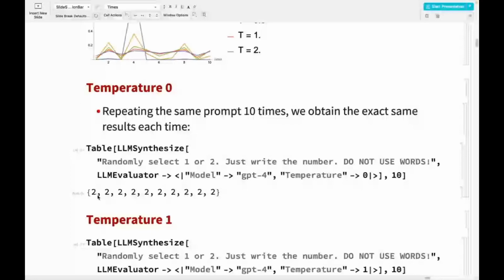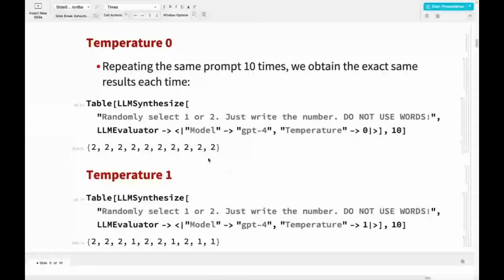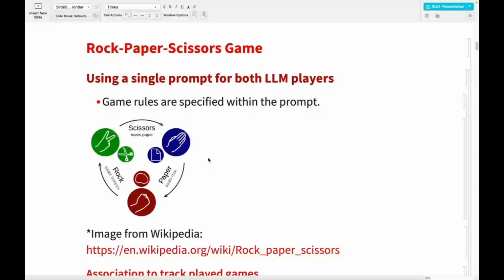So that was the main idea, that we are going to run these experiments at zero temperature, so they are more or less deterministic, and we can reproduce the results that we're getting from these LLMs playing the rock, paper, scissors game. I think I ran some of these experiments while doing the Wolfram Summer School last June and July.